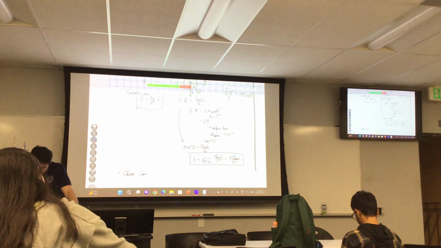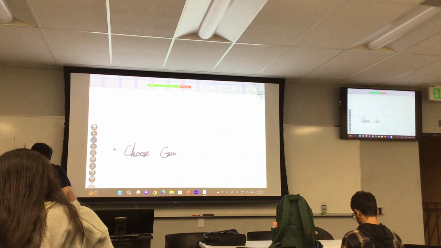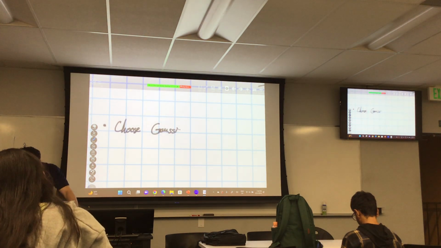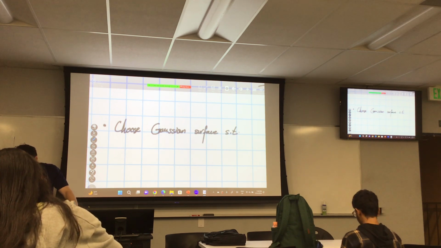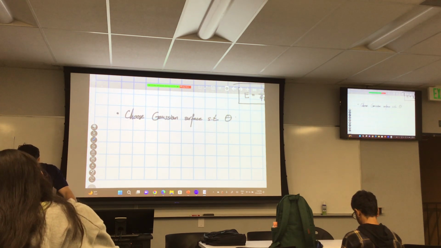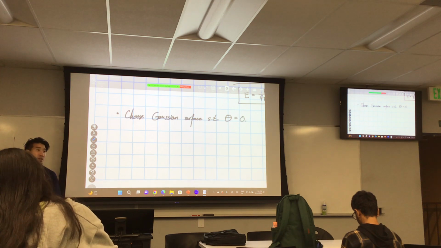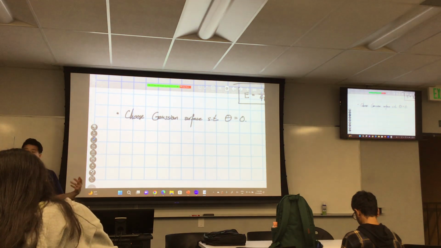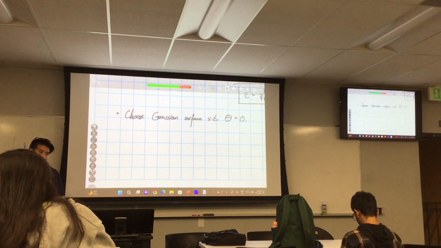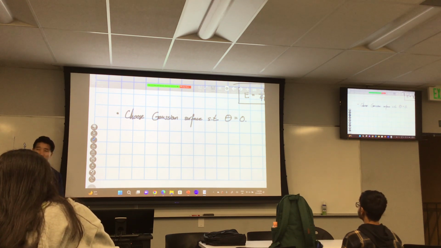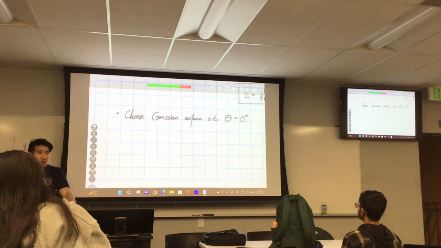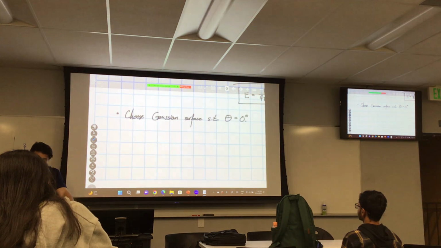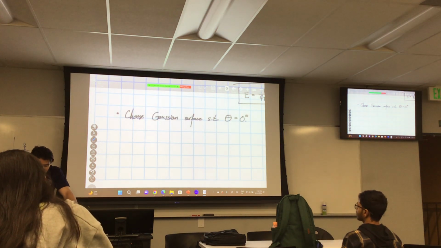So the first tip is to choose a Gaussian surface such that theta is going to equal 0. The Gaussian surface can be whatever you want, so choose the one that's most convenient, and the most convenient is one that gives you an angle difference of 0 degrees.